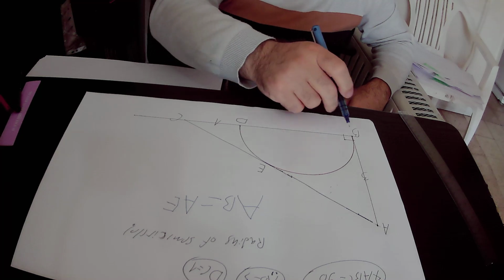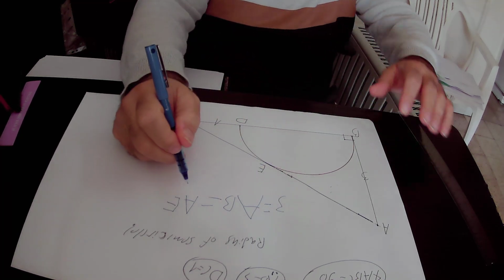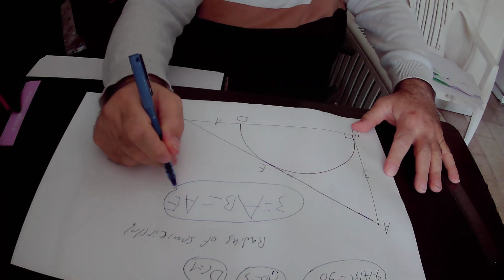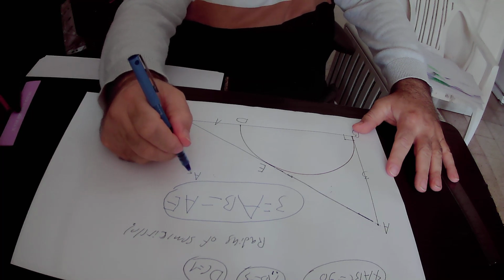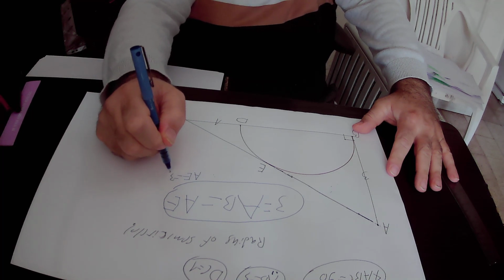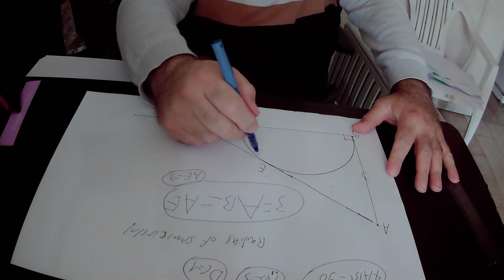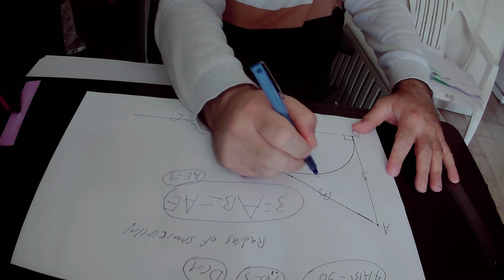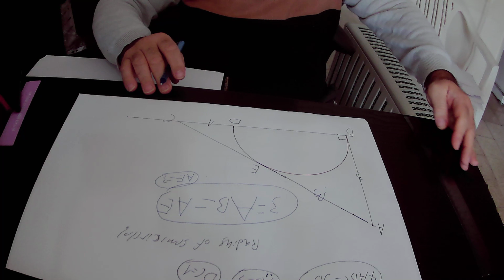But we know that AB equals 3 units, so from this equality, we will derive that AE also equals 3 units. AE equals 3 units, so we will write here that the length of AE is 3 units.